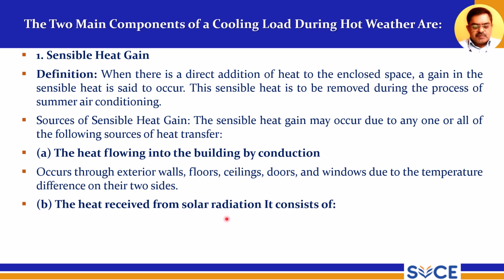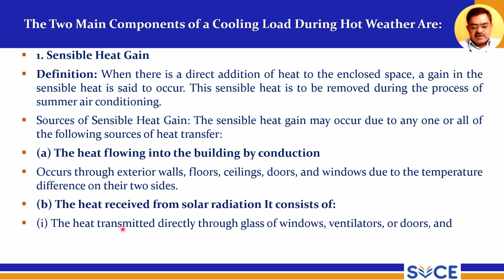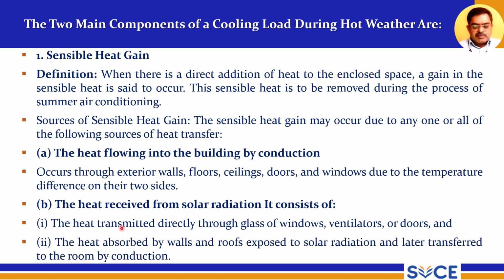The heat received from solar radiation consists of the heat transmitted directly through the glass of windows, ventilators or doors, and the heat absorbed by walls and roofs exposed to solar radiation and later transferred to the room by conduction.